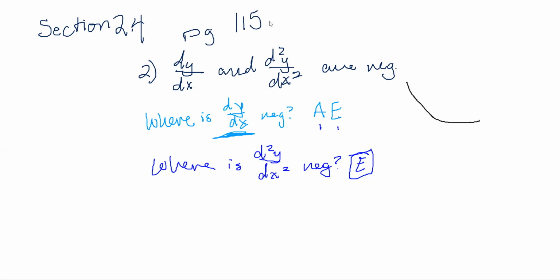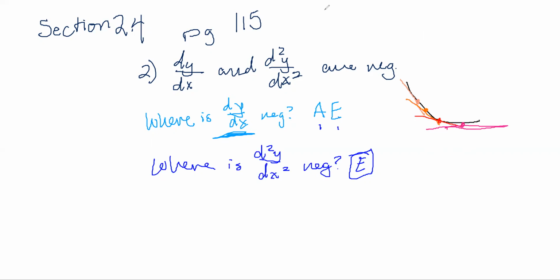The way that I think about it is, here we have a point with this tangent line, and here we have a point with this tangent line, and the slope of these tangent lines is getting closer and closer to 0. Because these slopes are becoming less steep, the second derivative is going to be positive. That's just how I like to think about things: imagine these tangent lines and see what they're doing. Okay, so you guys did that really well.